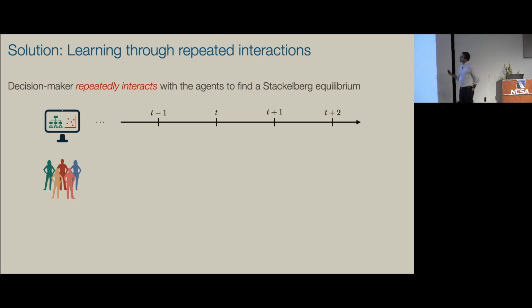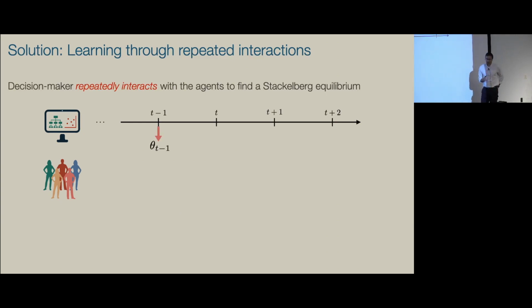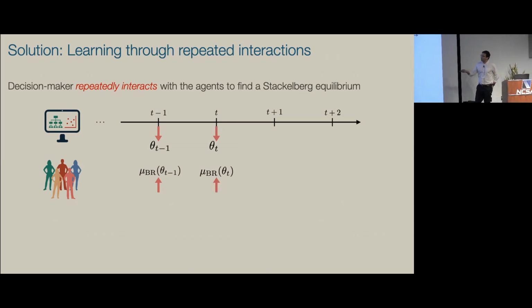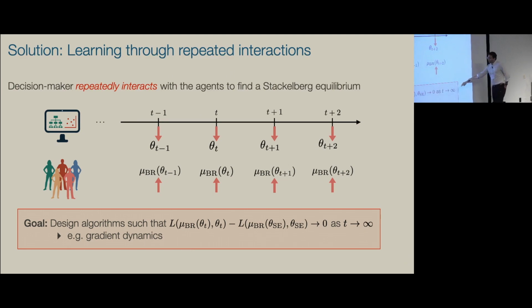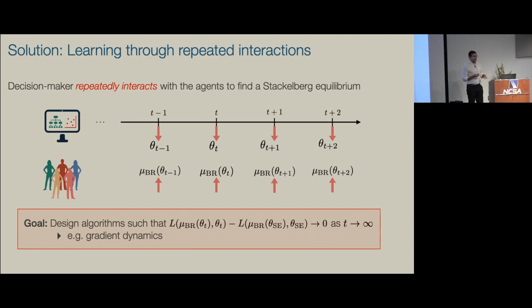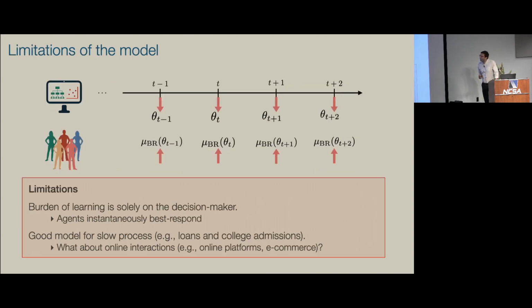You have a decision maker who repeatedly interacts with agents to find a Stackelberg equilibrium. At time t-1, they'll put out a model, the population will best respond, at time t, they'll best respond again, and so on and so forth. But the goal is to design learning algorithms such that the loss goes to the Stackelberg loss as t goes to infinity, using online gradient descent or something pretty simple.